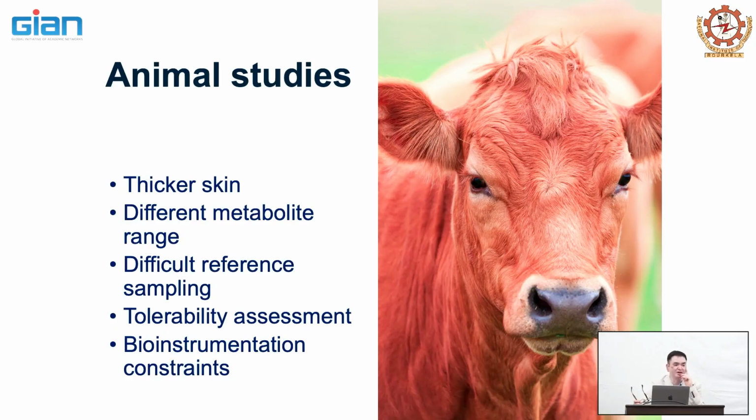My preferred anatomical location to do studies in milking cows would have been the udder, but the udder is so close to the floor that you would definitely have it contaminated. So how do you save your sensor from that? That's a challenge. I will still manage to do it by whatever I have to do, but that's a big challenge. So bioinstrumentation constraints is a big problem when it comes to animal studies.